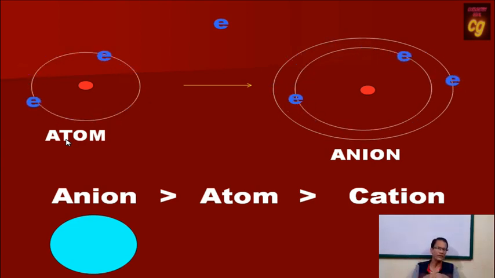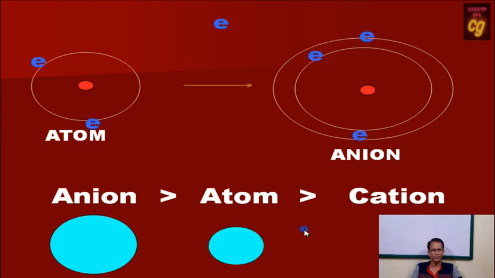That's why an anion is larger than the atom. So in comparing size, the anion is larger, then the atom is smaller, then the cation is smaller still. The order is anion larger than atom, atom larger than cation. So the largest is the anion and the smallest is the cation. This is the atomic size comparison of anion, cation and atom. Just see, this is the addition of an electron, which produces the formation of an anion.